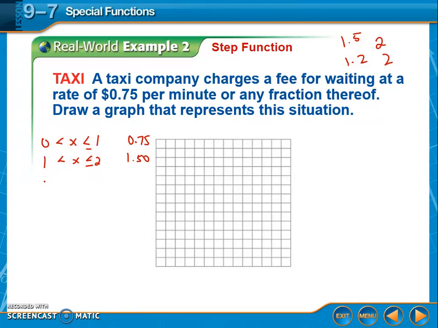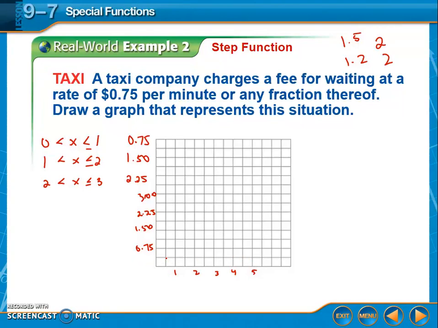If I'm waiting between 2 and 3 minutes, they're going to charge $2.25, etc. So this is what I want to be able to graph. So let's say that this is 75, this is 150, $2.25, $3. Okay, so for 1 minute, 2 minutes, 3 minutes, 4 minutes, 5, etc.